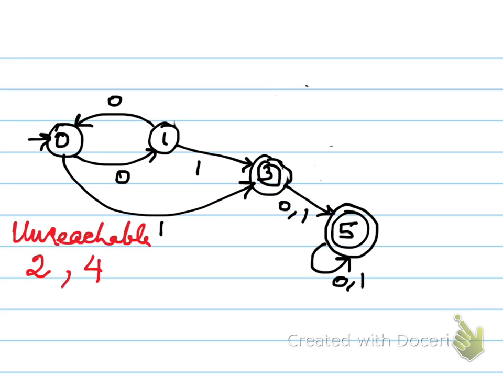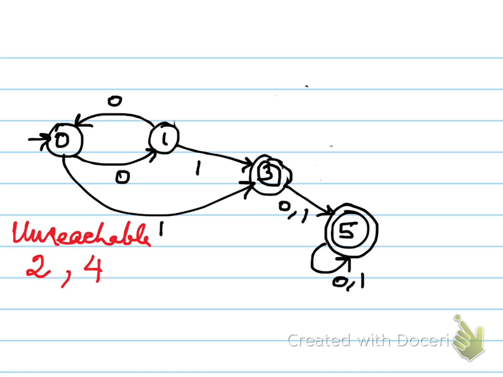So we are left with 0, 1, 3 and 5. Out of 6 states, we are now left with 4. Now let us look at equivalence. To compute the equivalence, we'll follow this approach. First, we partition our states into 2 sets. The first set will consist of final states and the other will consist of non-final states.